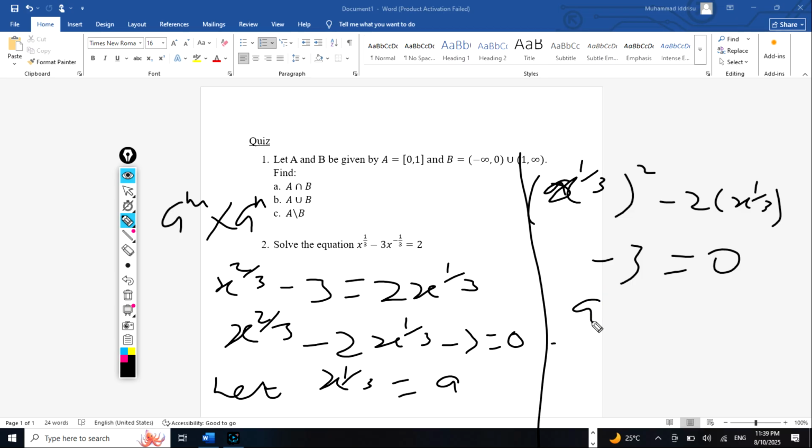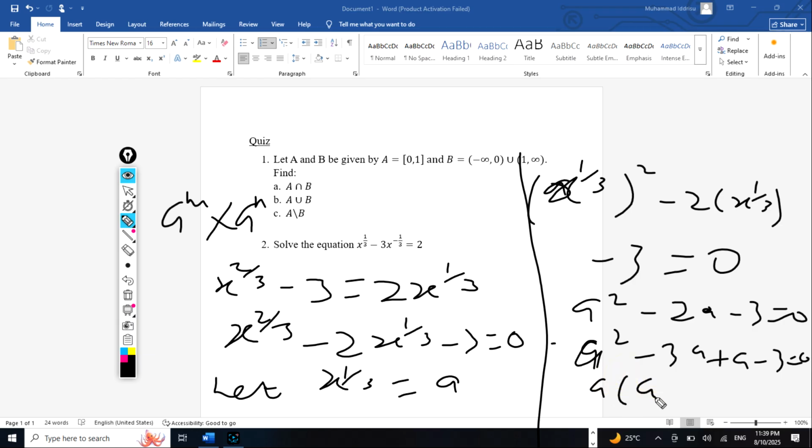Our a will now be a squared minus 2a minus 3 is equal to 0, and from here we can solve this quadratic equation. A squared minus 3a plus a minus 3 will give us 0.